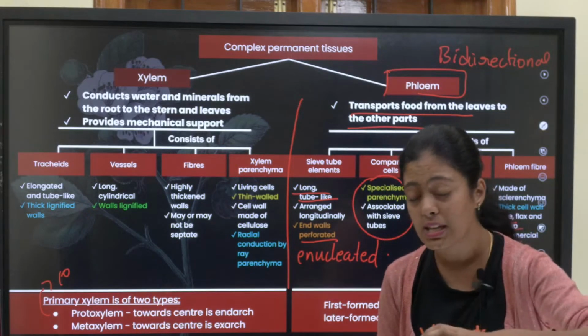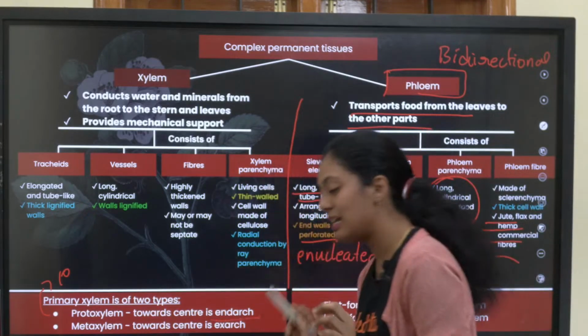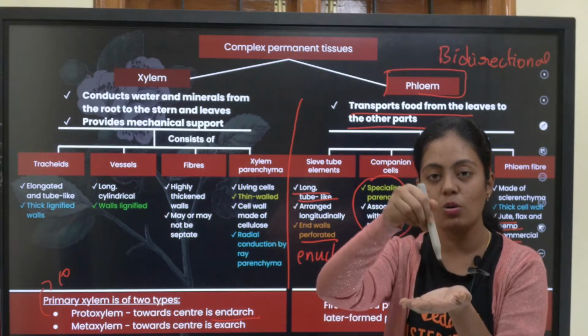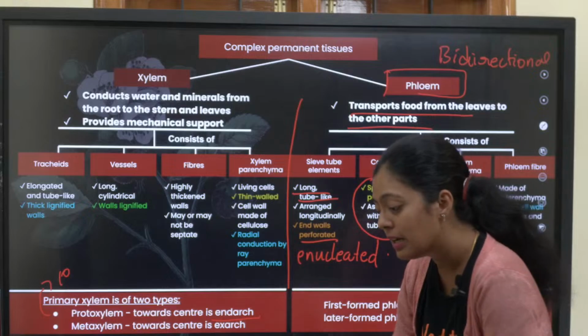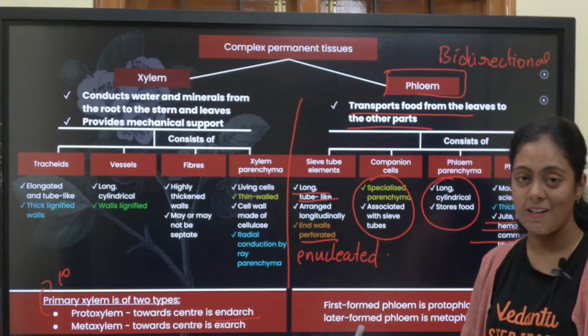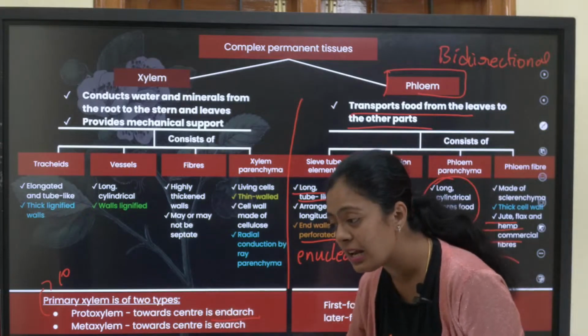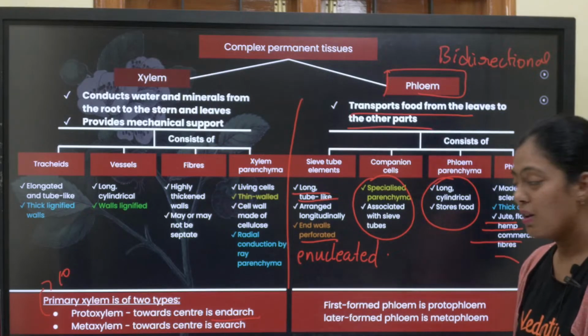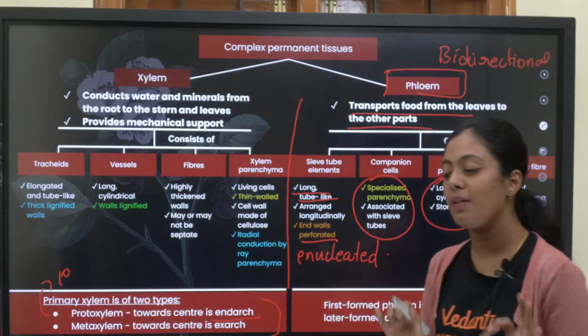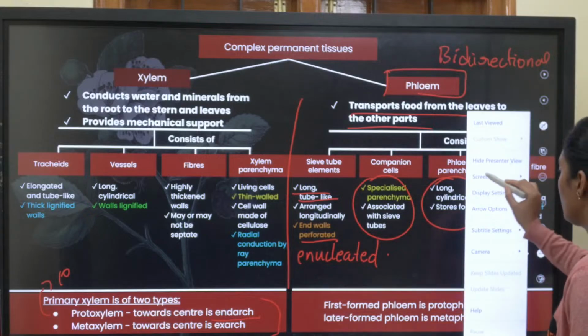If the protoxylem is towards the center, or pith, we call it endarch. If the metaxylem is towards the center, we call it exarch. A very important point. I'll write it and show you.